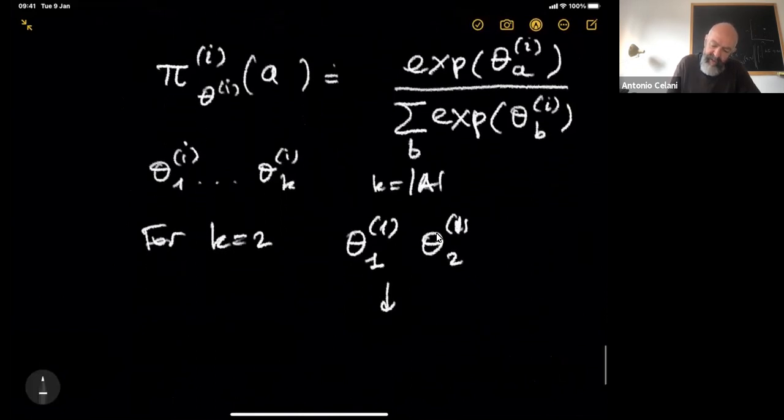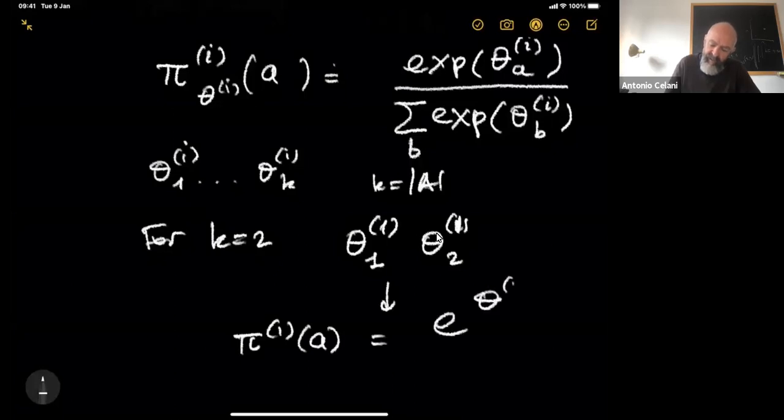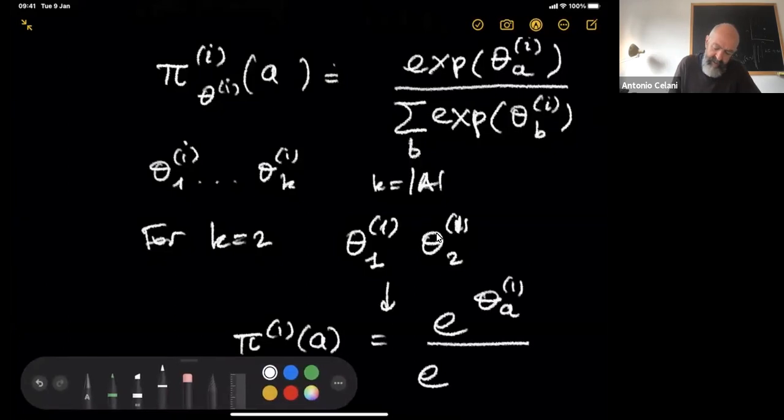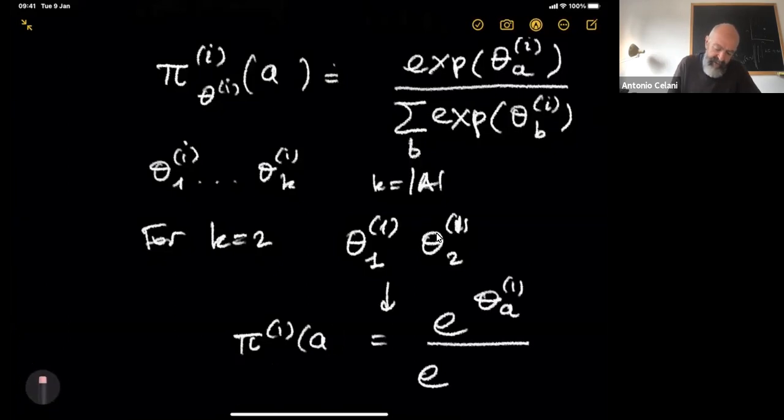These together give me the policy for agent 1, that it takes action A, which also goes from 1 to 2, is exponential of theta 1A divided by the sum of exponentials. So let's make it even more explicit.